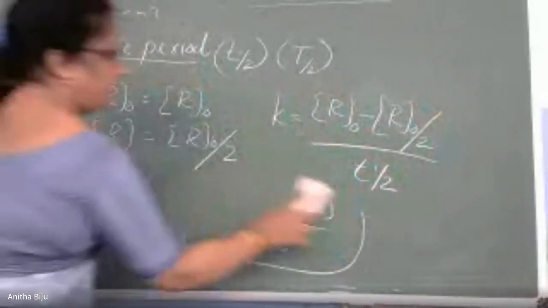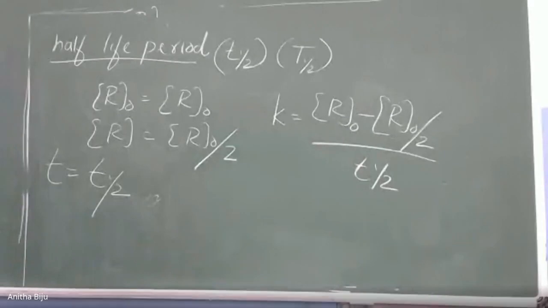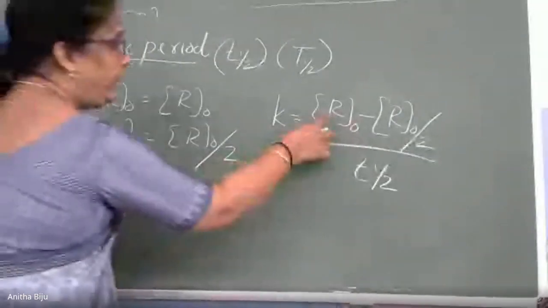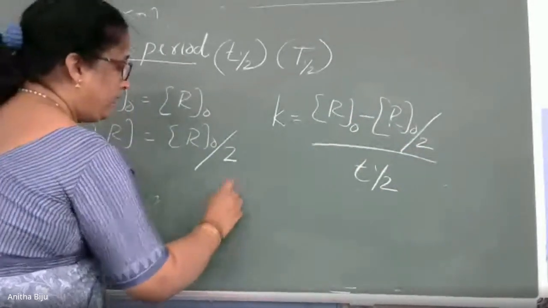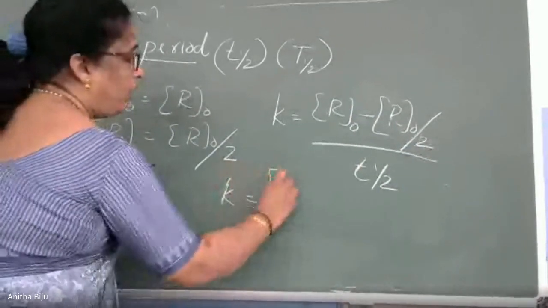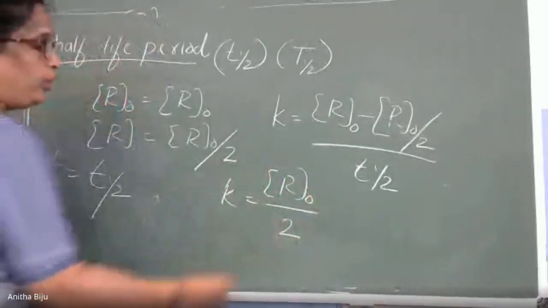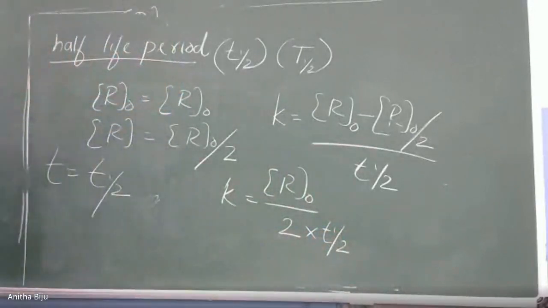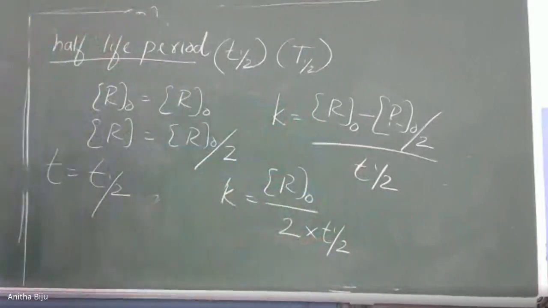We are talking of the half-life period of a zero order reaction. Now we know R naught minus R naught by 2, so we have K equal to R naught by 2 into T half.